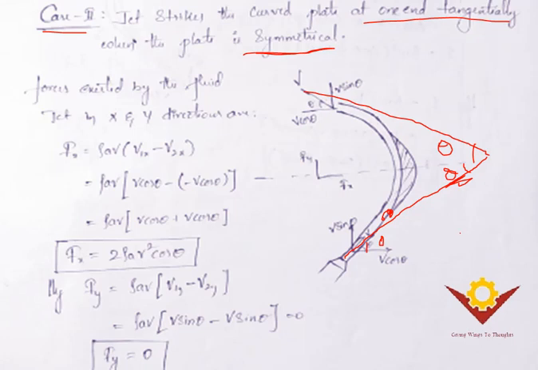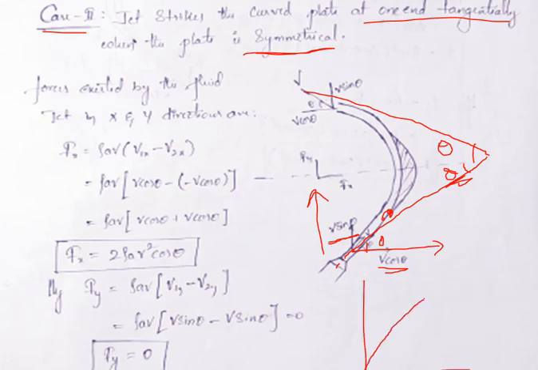And now the velocity in the x direction at the tip, or at the starting position, is v cos theta. In the y direction at the initial stage, it is v sin theta. That means if you resolve this velocity, this is v cos theta, and this is your v sin theta, right?